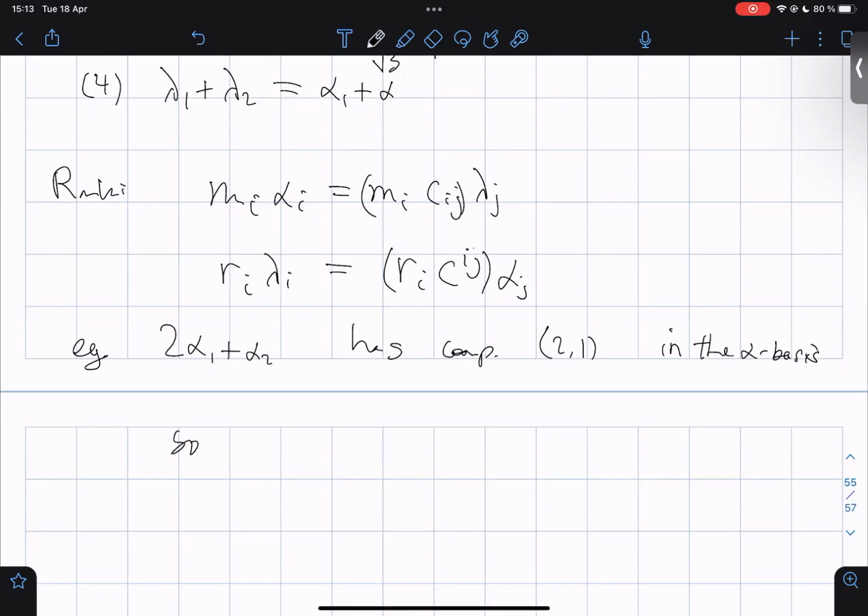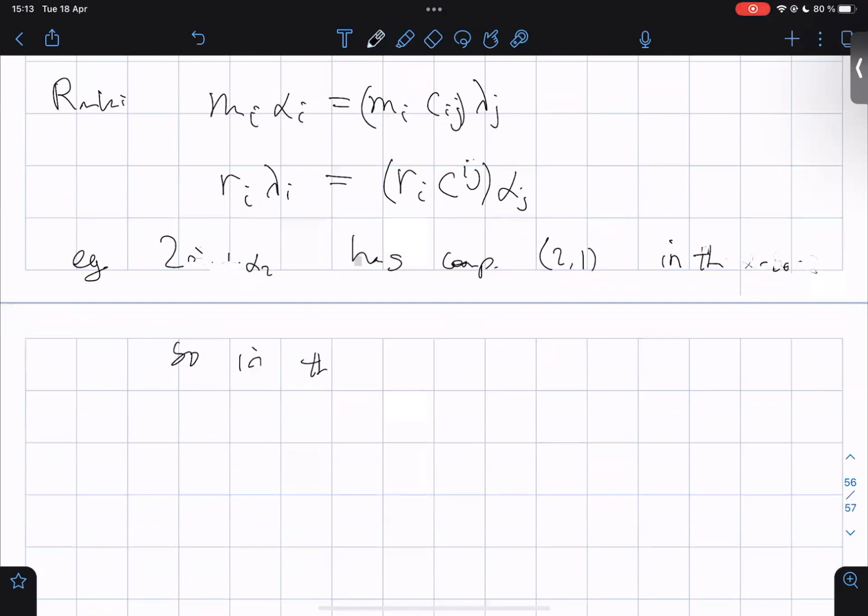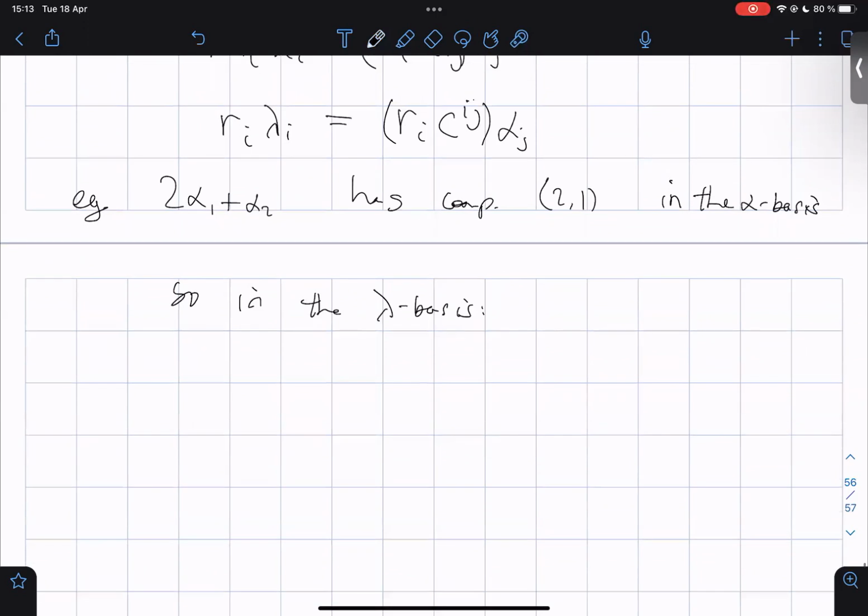So in the lambda basis, I'm taking components regarded as a row vector, multiplied by the Cartan matrix on the right. Okay, so this is going to give me 3, 0.